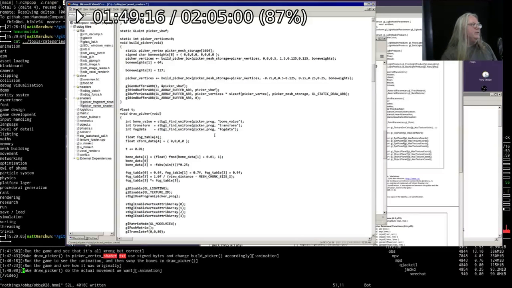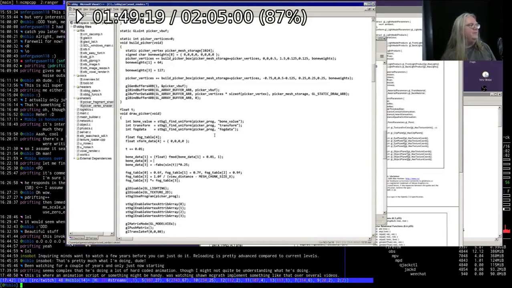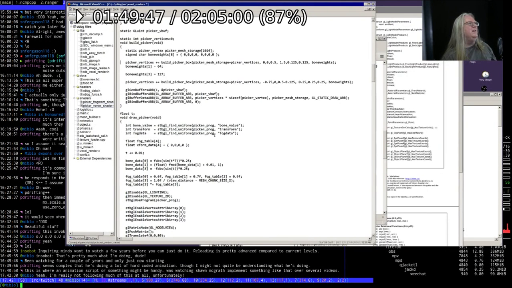So gripping motion, at a faster rate. And then we want the main thing to have no weights.